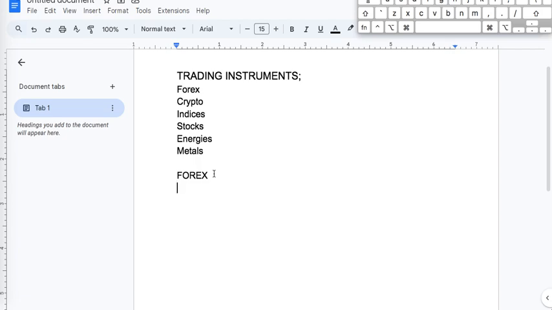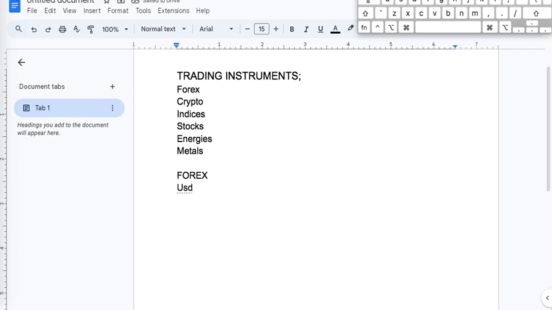Now, forex, mostly for beginners, I would advise any forex pair that has a USD in it.